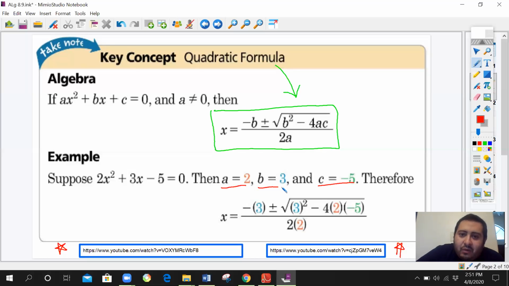Now, the reason we have the quadratic formula is because there are going to be occasions when it's very hard to find a solution by graphing, by factoring, by completing the square, or by other methods. This is one more way you can apply to find your solutions. Okay, so let's jump into the practices.